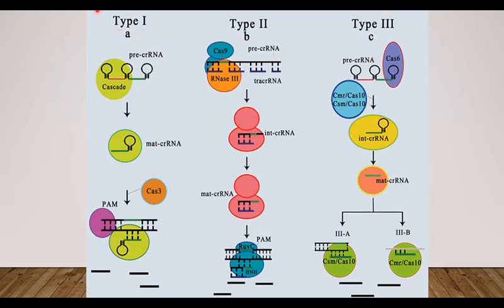If you find more, or if there is any update, just leave it in the chat box so that others can refer. We are going to concentrate on type 2 and the other two also, and each type has its own significance, but type 2 is the most vastly studied one.